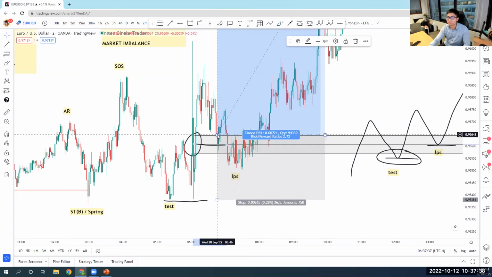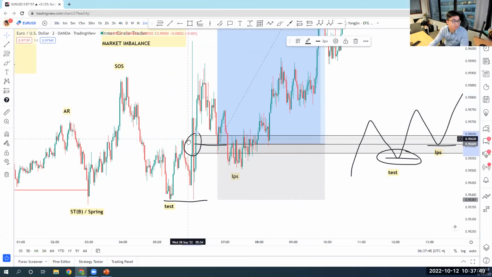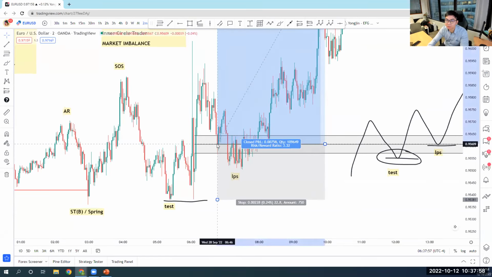So instead of 2.72 RR, I can increase it to 3.32 risk to reward. This is just my personal way of how I refine the trade. So with that, we have increased our risk to reward to 3.32.